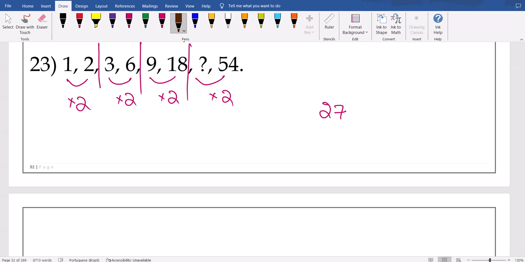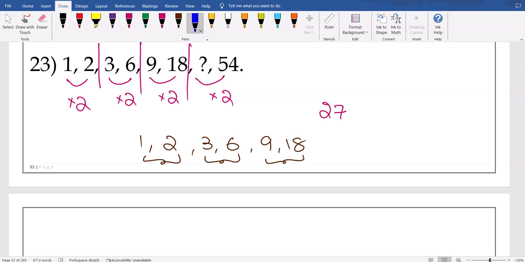Wait, the other logic is 1 plus 2 is equal to 3, 3 plus 6 is 9, 9 plus 18 is 27. Adding the previous two.